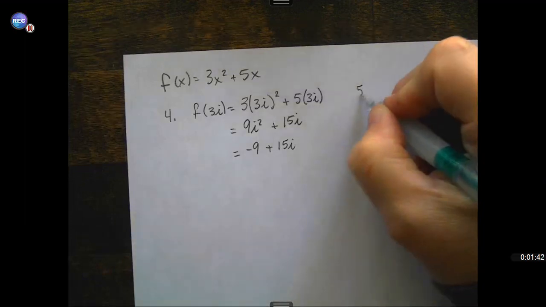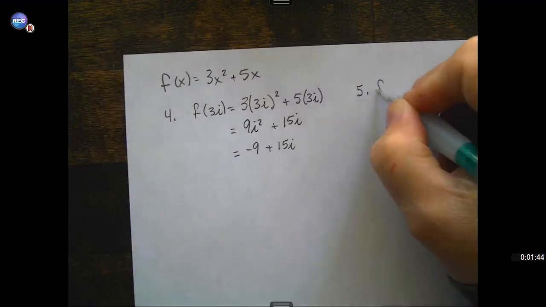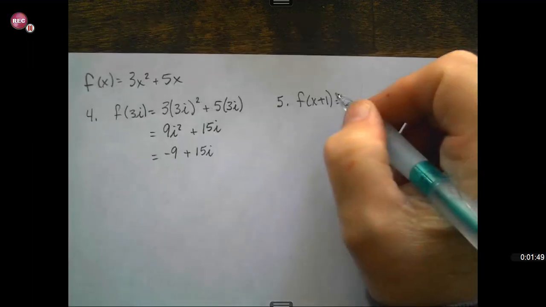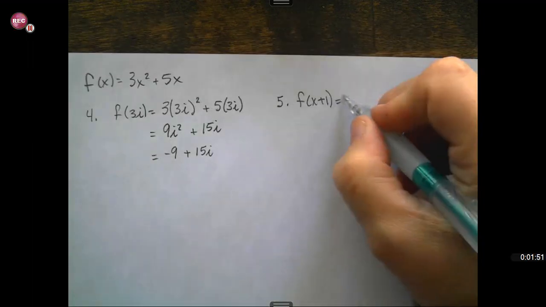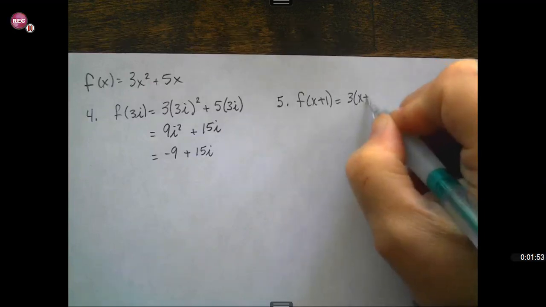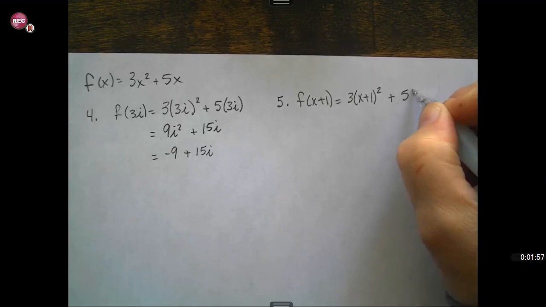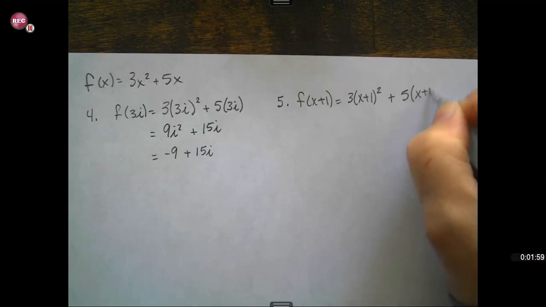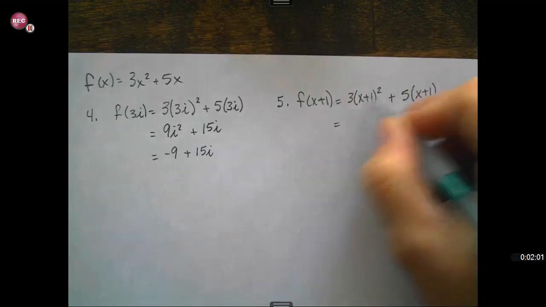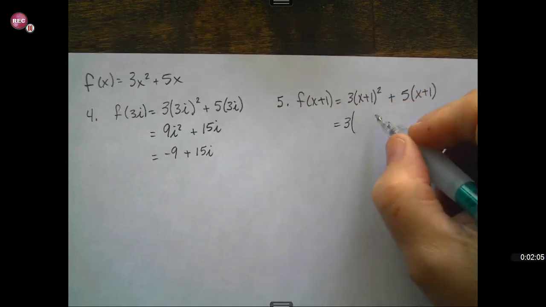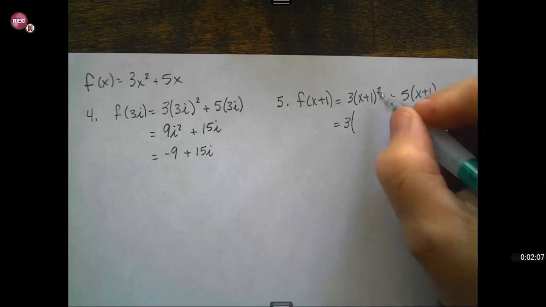And number 5, we're supposed to find f of x plus 1. So that's going to be 3 times x plus 1 quantity squared plus 5 times the quantity x plus 1. So first I need to multiply that x plus 1 out. Remember, when we do that, we're going to get a trinomial, because I can't do x squared plus 1.